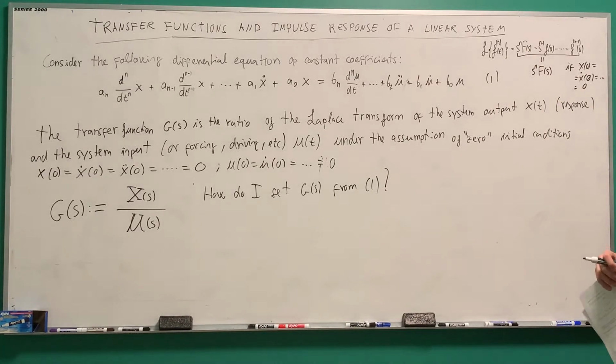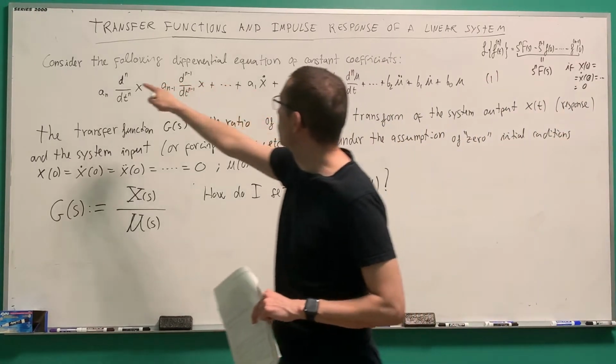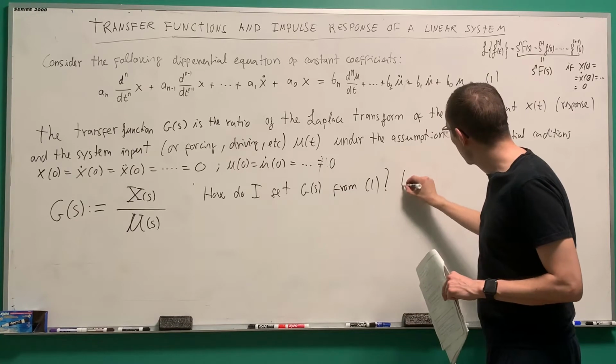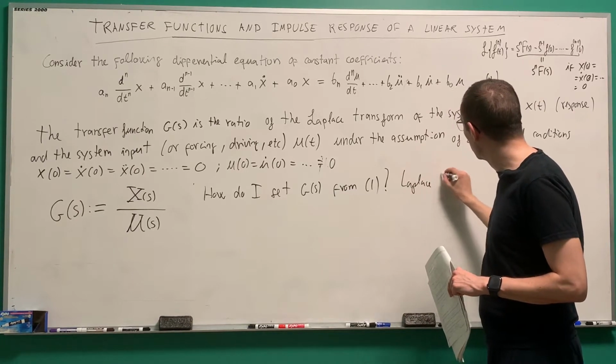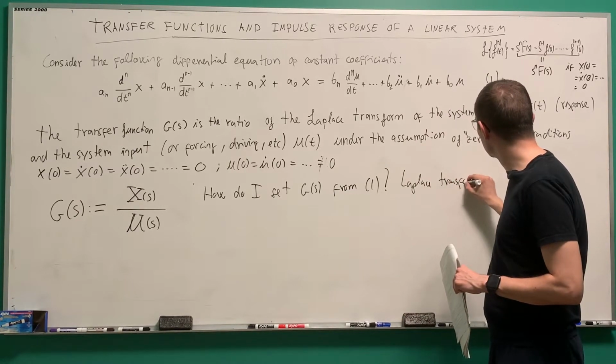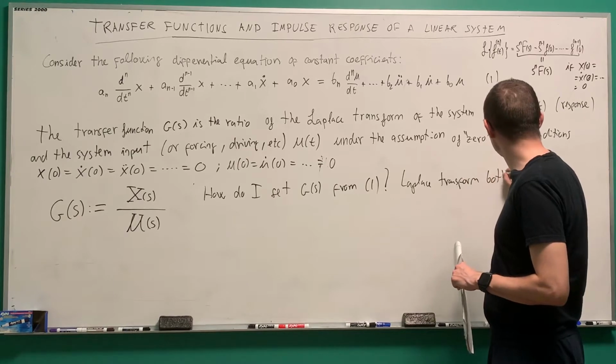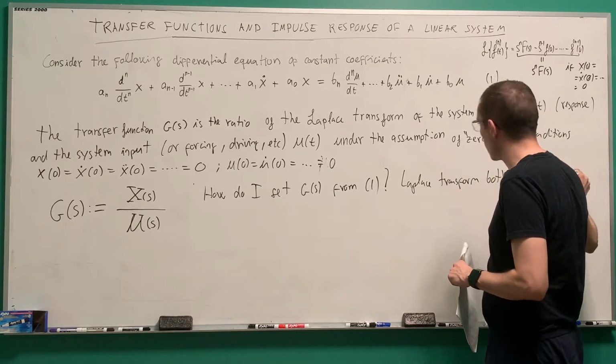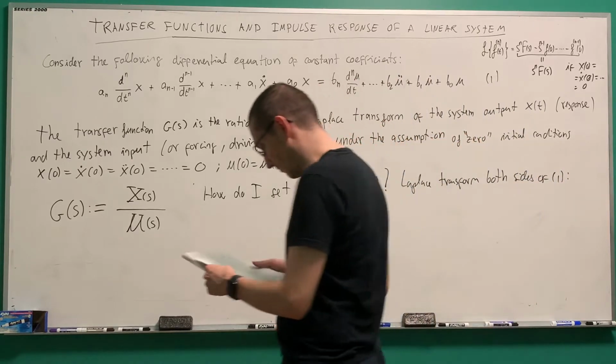Now, that means that if I take the Laplace transform of this and the Laplace transform of that, so let's Laplace transform both sides of 1, that yields the following.